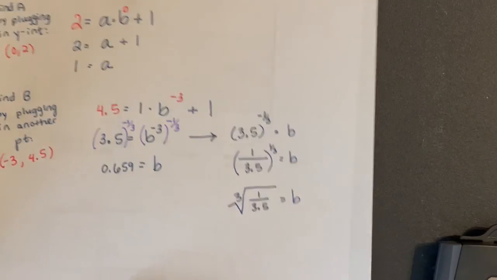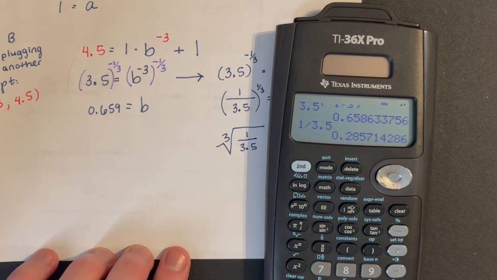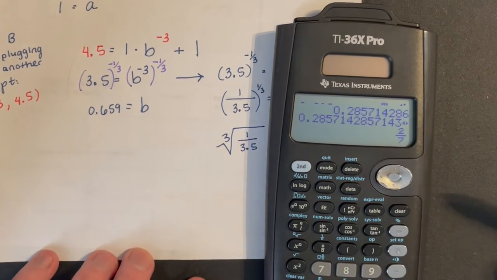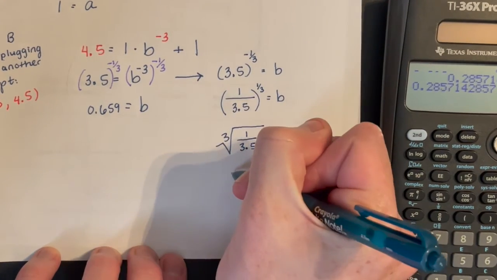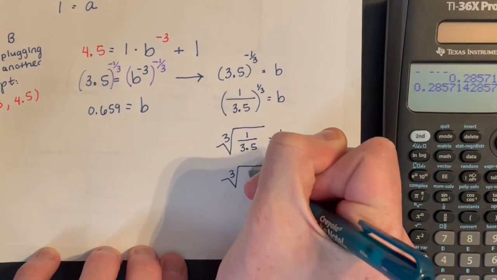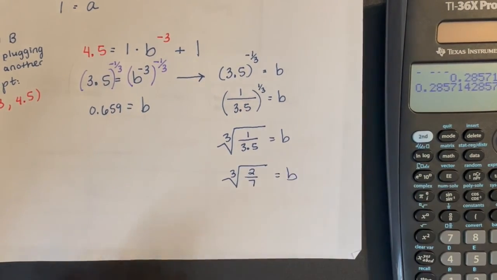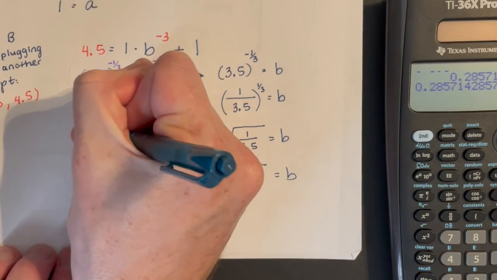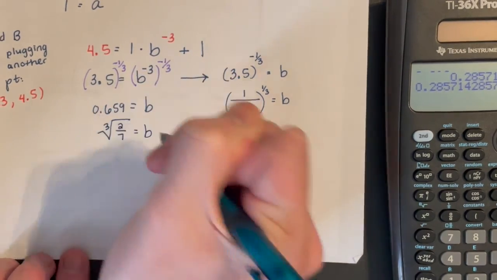Now that's still kind of ugly. 1 over 3.5 we could figure out to be a fraction, 2 over 7. So if you wanted to make that prettier, I'd put cube root of 2 over 7 equals b. Sometimes they're not going to come out pretty.